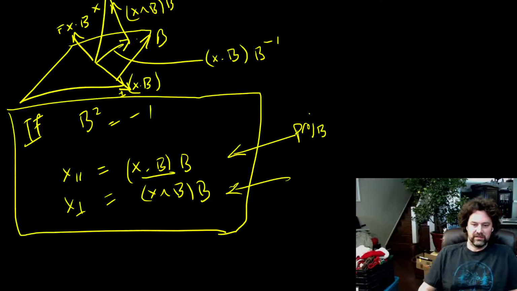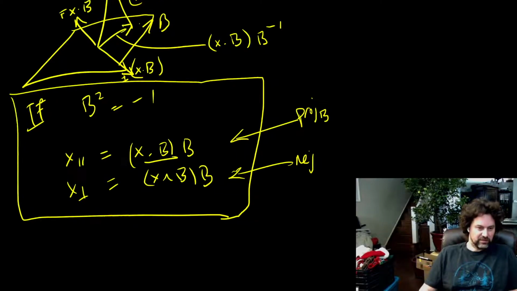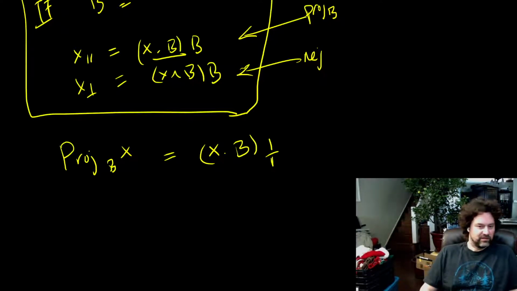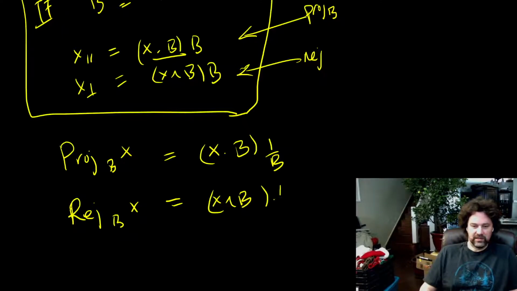So we could say a little bit more formally that the projection of x onto b equals x dot b times the inverse, and the rejection of x onto b, or rejection of b from x, is x wedge b times the inverse.